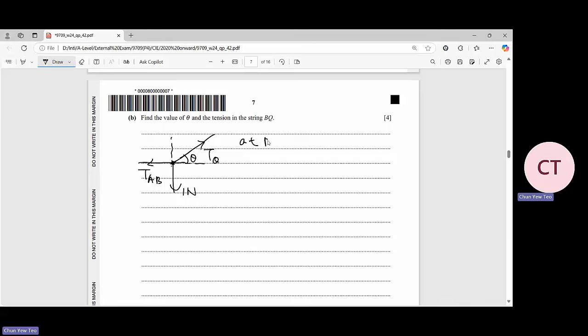So at B, if you resolve the forces vertically, you have TQ sine theta is equal to 1. And if you resolve it horizontally, you have TQ cos theta is equal to the TAB. So we know that TAB is 2 Newton.